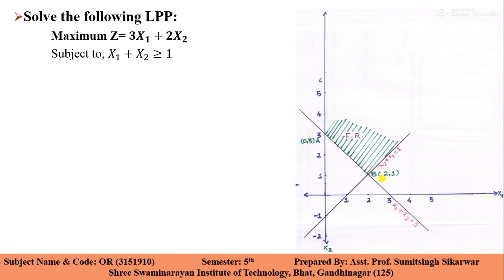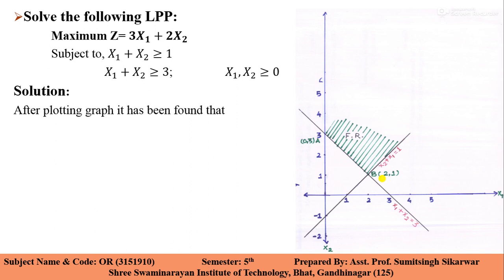And x1 + x2 ≥ 3. Our non-negativity constraints are x1 and x2 greater than or equal to 0. So after plotting, it has been found that the solution space is unbounded.